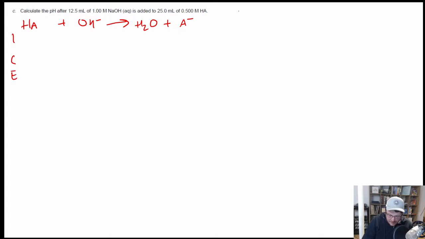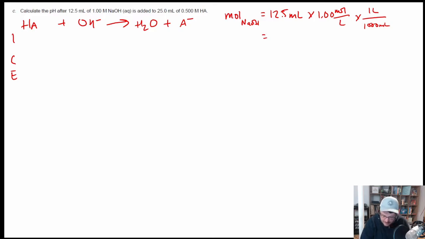So again, what we can do is calculate how many moles we're starting off with. The moles of NaOH that we have right now is equal to 12.5 milliliters times 1.00 molarity, which is moles over liters, times 1 liter over 1,000 milliliters.